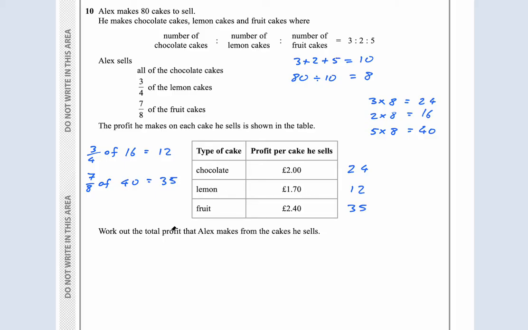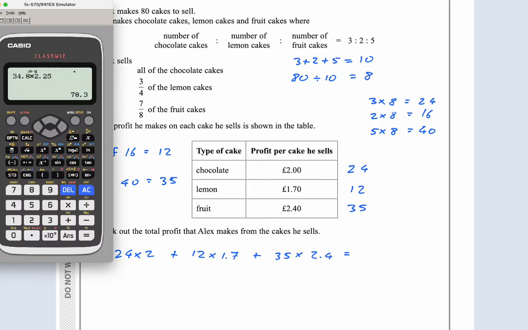So to find the total profit, I just need to multiply. I just need to do 24 times 2, because he gets £2 for each chocolate cake, plus 12 times 1.7, plus 35 times 2.4.